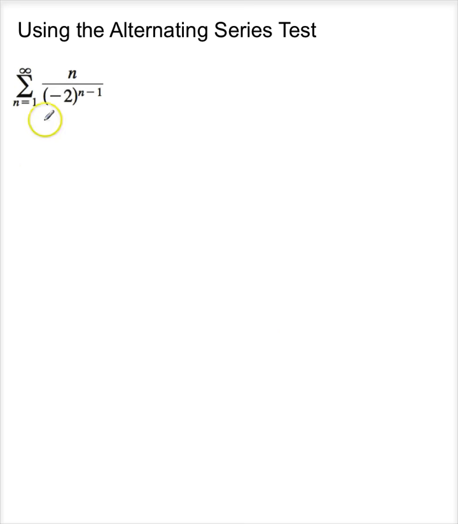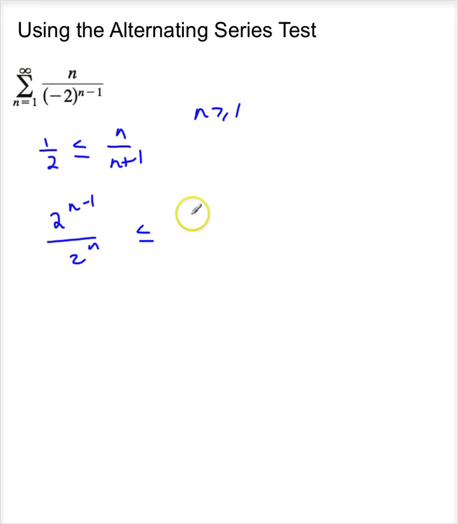Let's look at the sum as n goes from 1 to infinity of n divided by (-2)^(n-1). First I want to look at only n greater than 1. So I've got 1/2 is less than or equal to n over n+1, which is a true statement. So 2^(n-1) divided by 2^n has got to be less than or equal to n divided by n+1.